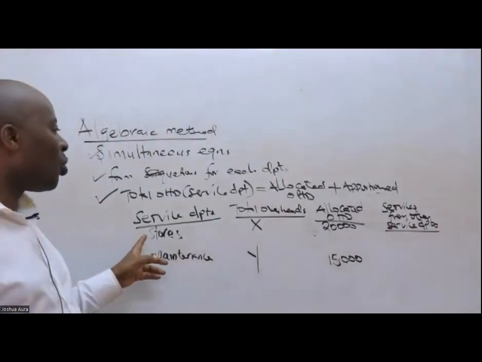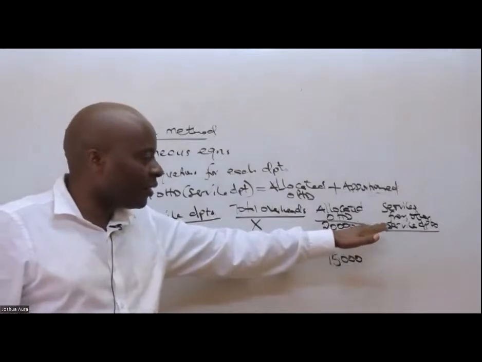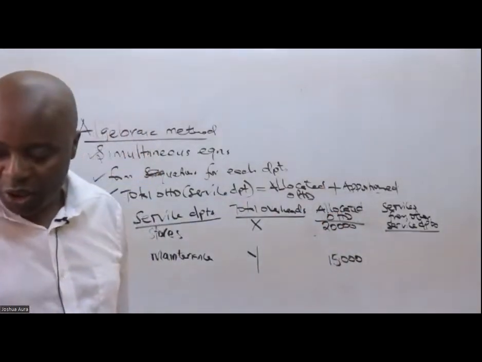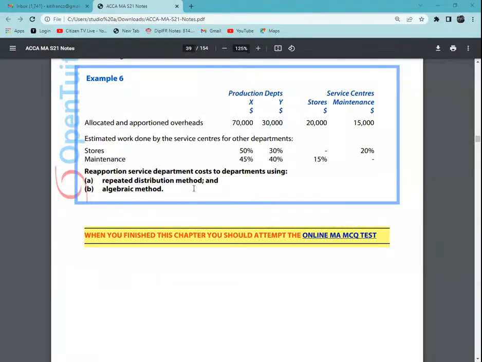So has the stores received services, like now from maintenance, services from other departments? Check here. You can see stores, of course, stores is here. So from stores, it never received anything. I'm trying to connect with this.